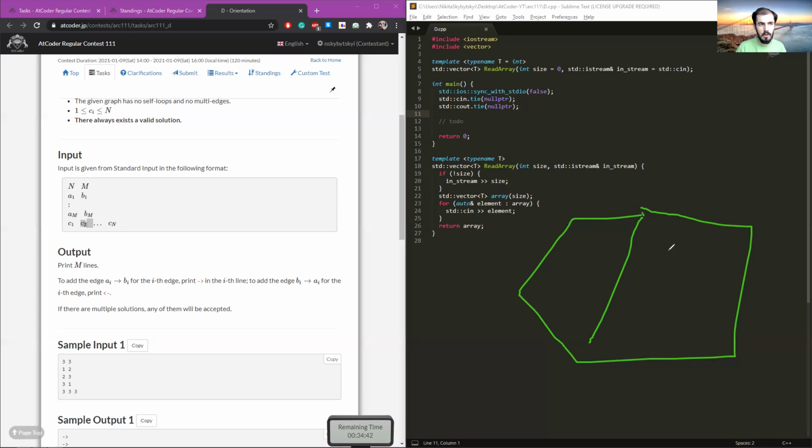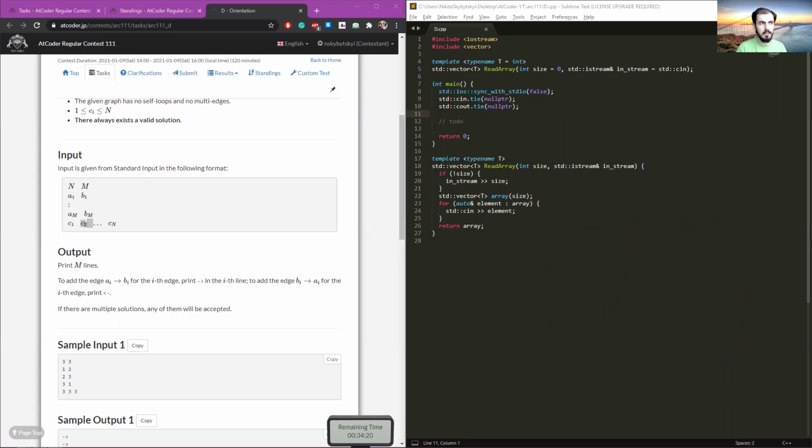The only way DFS cannot find the cycle is if you have two edges that go the same way, potentially like so.